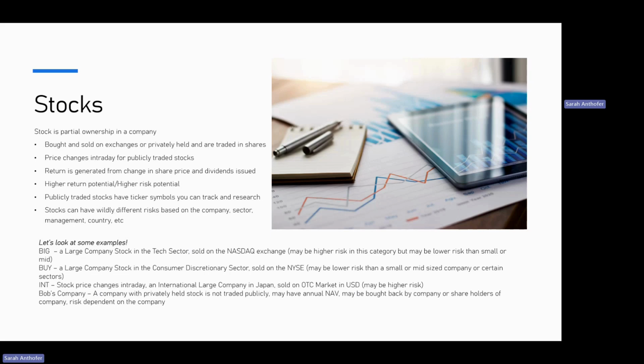Those are indexes that we use to measure the overall market. We tend to think of things like the New York Stock Exchange or the NASDAQ. If we're buying an international stock, we might even be buying that on an over-the-counter market. What we're thinking about with respect to those exchanges is where we could go buy that stock, where it's actually being bought.